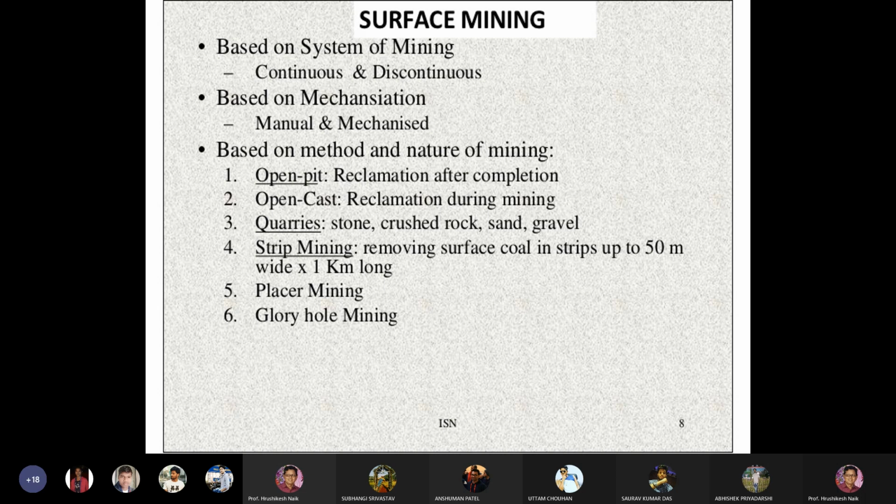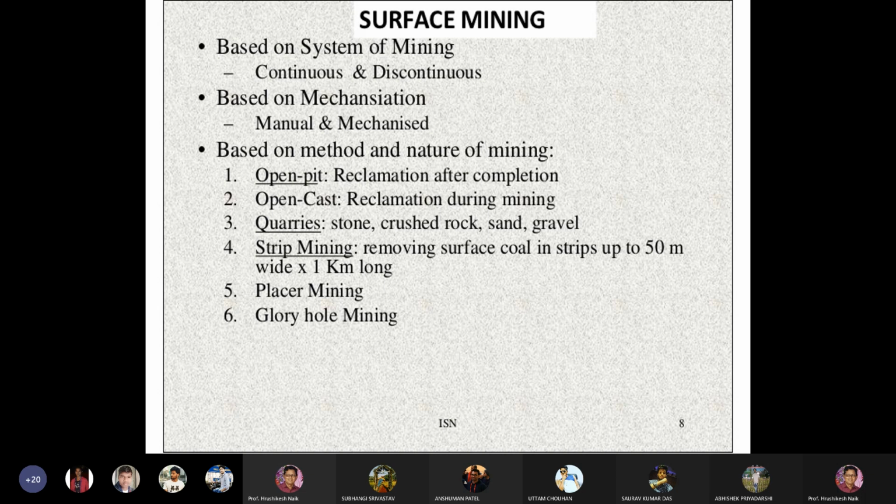While you mine the minerals, simultaneously you carry out the reclamation work. So there is a difference between open pit mining and opencast mining. Open pit mining is the method where reclamation is carried out after the mining is completed, whereas in opencast mining, reclamation is carried out simultaneously along with mining.